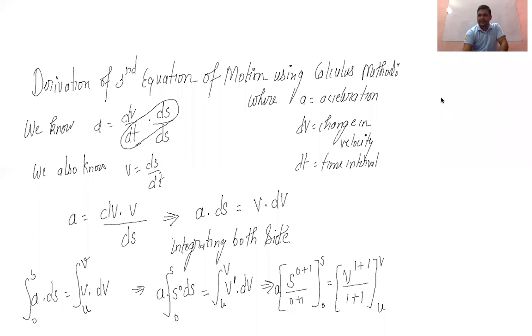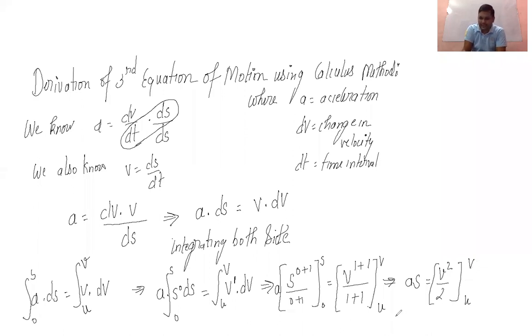Now this will become v square by 2, and the limit is u to v. So lower limit is u and upper limit is v.